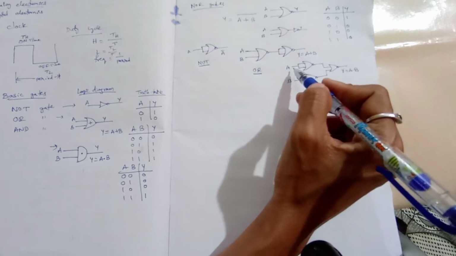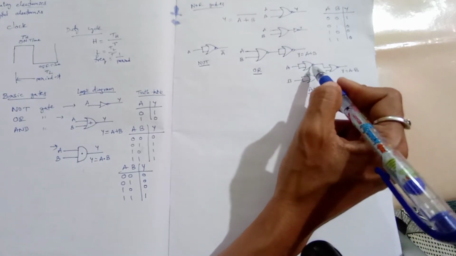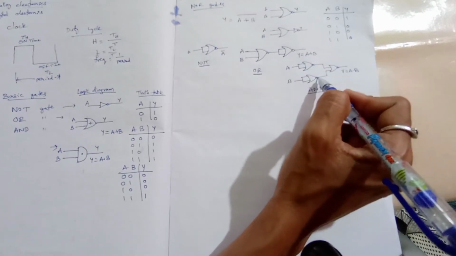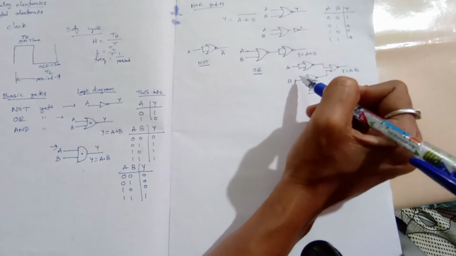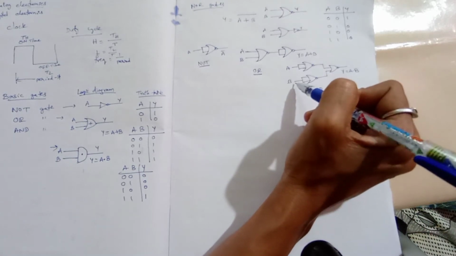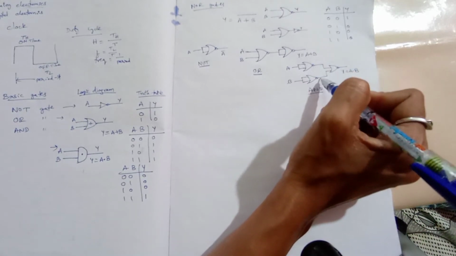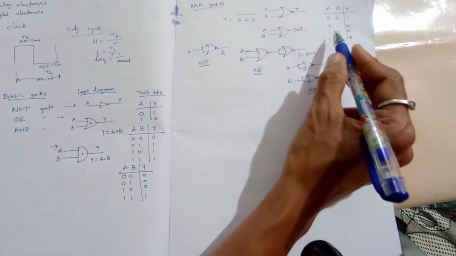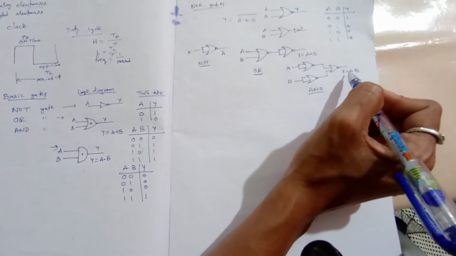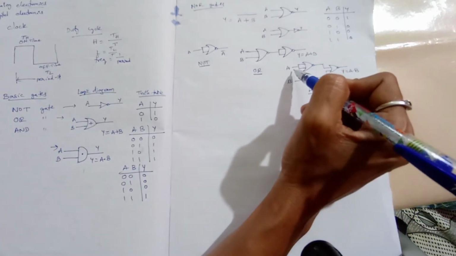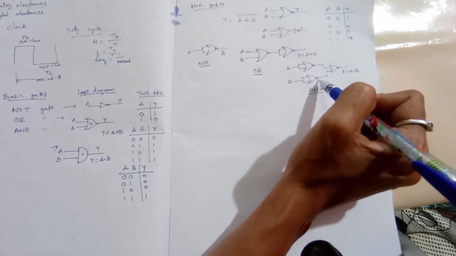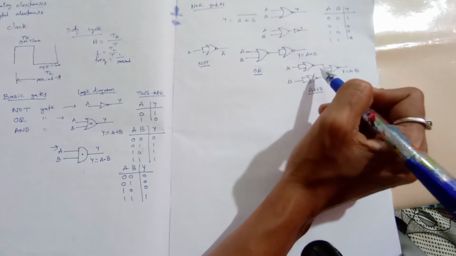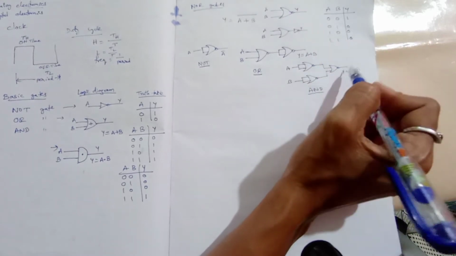Okay, we'll check. 0, 0, that means output here 1, 1. 1, 1 means for this NOR 0. Next 0, 1, that becomes 1, 0. 1, 0 for NOR gate 0. Next 1, 0. 1 becomes 0 here and here 0 becomes 1. So 0, 1, again the output is 0.